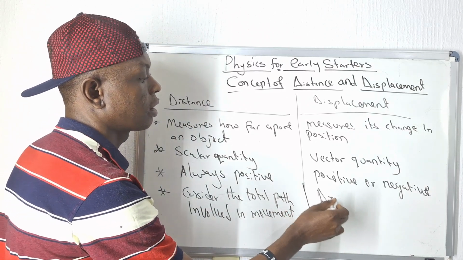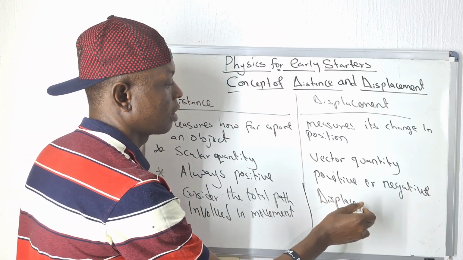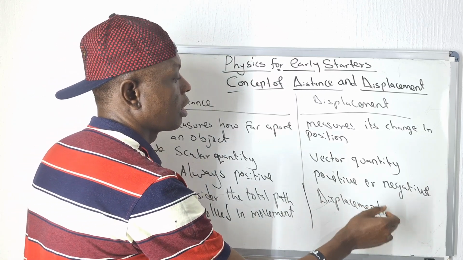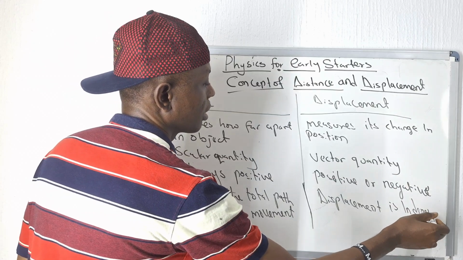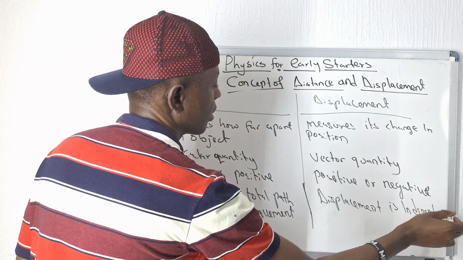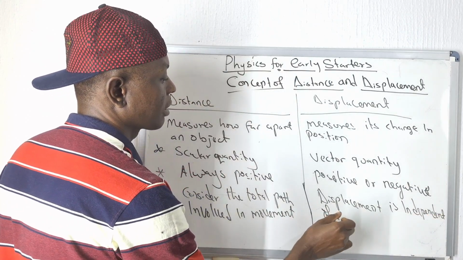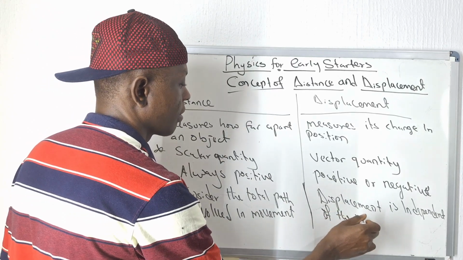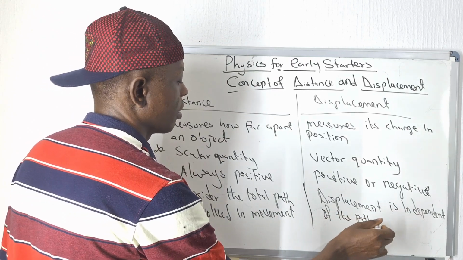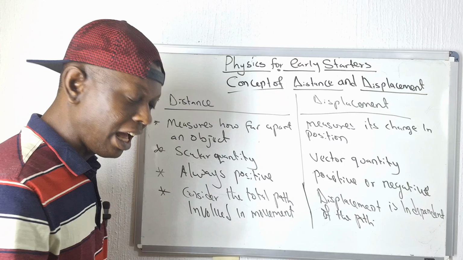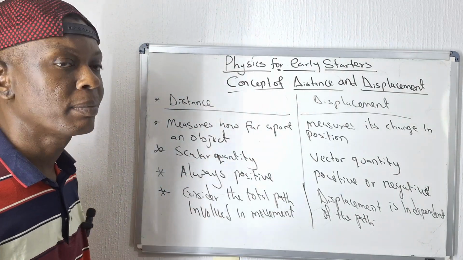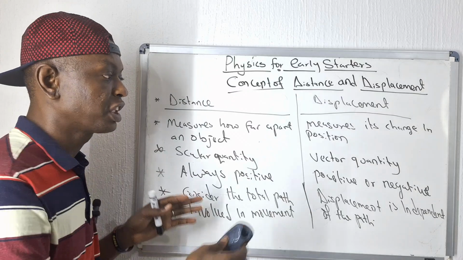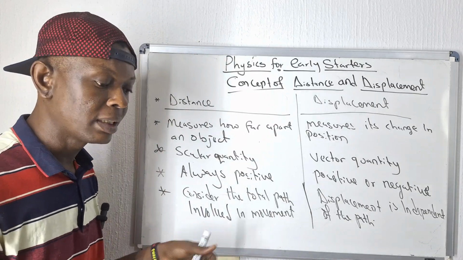Displacement is independent of the path. Now, these are the key major differences between distance and displacement. These are what differentiate distance from displacement.